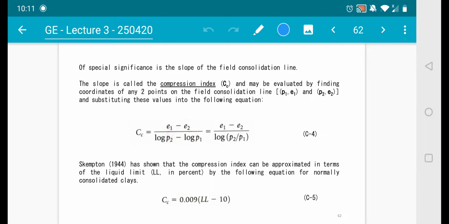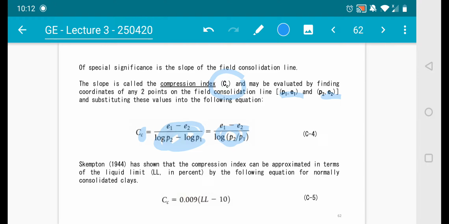Now, of special significance is the slope of the field consolidation line. The slope is called the compression index, another term, C sub C, and may be evaluated by finding the coordinates of any 2 points on the field consolidation line, these two, and substituting these values in the following equation. So in order to get CC, you have to make a relationship between these 2 points.